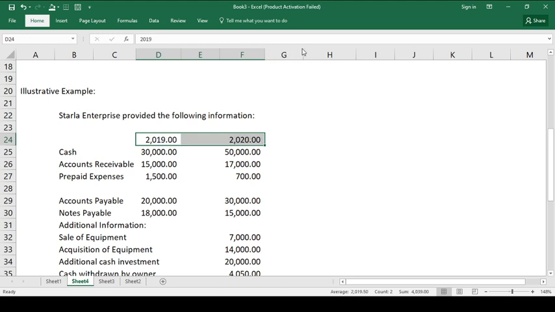Nalagyan tuloy ng peso sign. Gawin natin itong general lang.